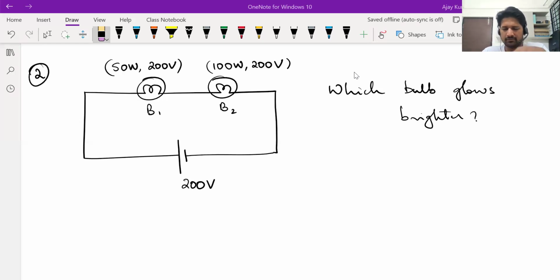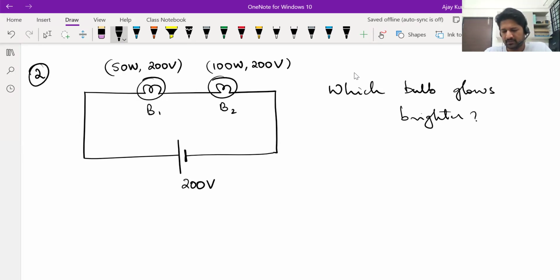Are they safe or not? Yes. Okay. See, the supply voltage is 200 and their rated voltages are also 200, 200. They are connected in series. When resistors are connected in series, the voltage gets distributed. So no bulb is going to get all the 200 volts directly. They will get a lesser share itself. So both will operate safely. That's fine.